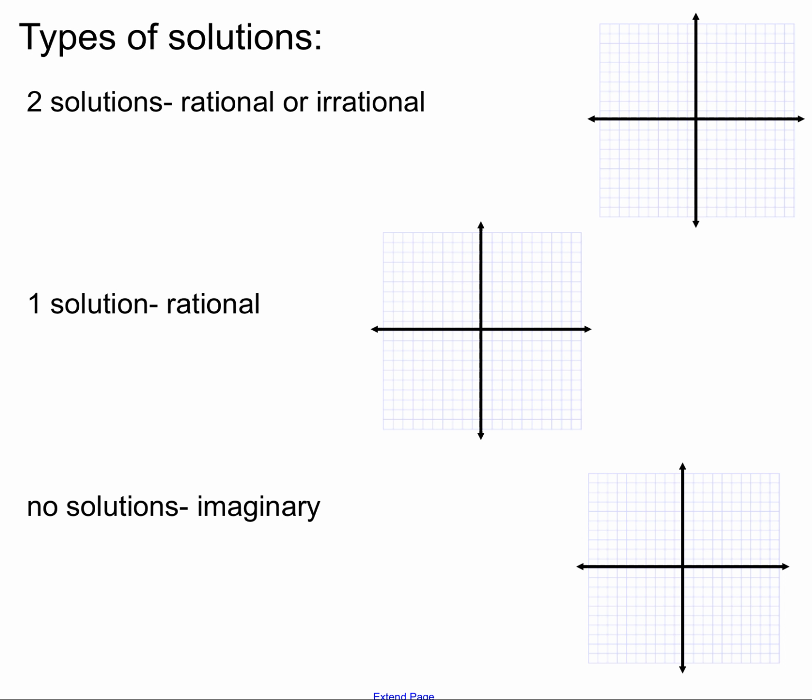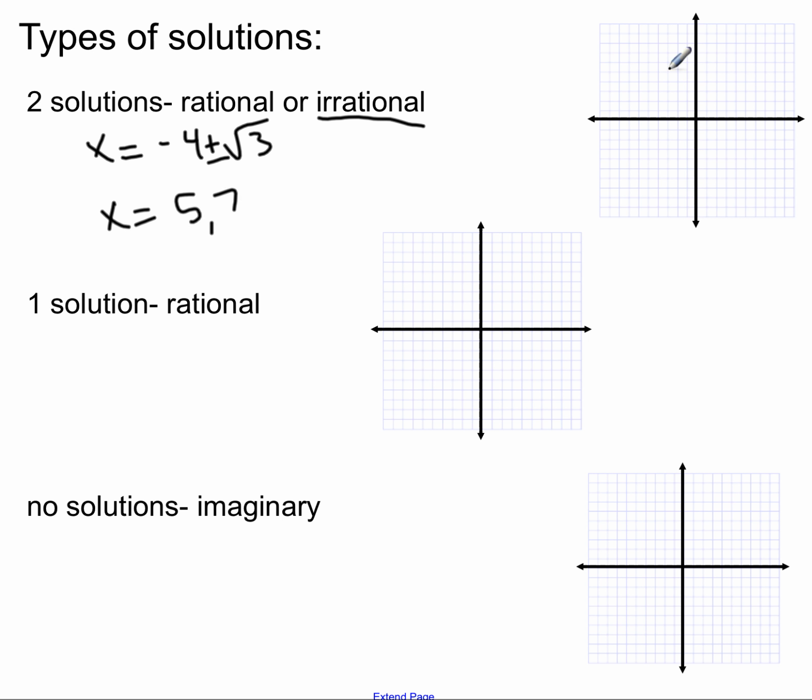Okay, moving along. Sometimes you get two solutions. So sometimes you're going to get something that's x equals negative 4 plus or minus root 3. That's two solutions, and they're both irrational. Sometimes you're going to get two solutions that are rational, like 5 and 7.